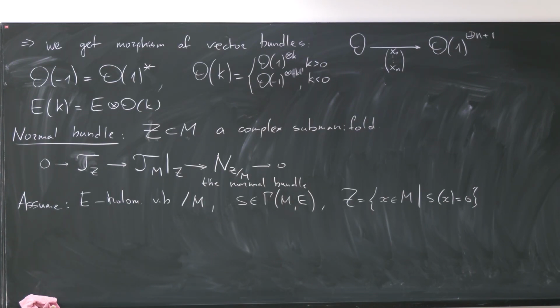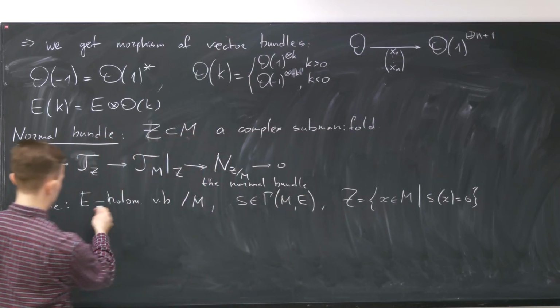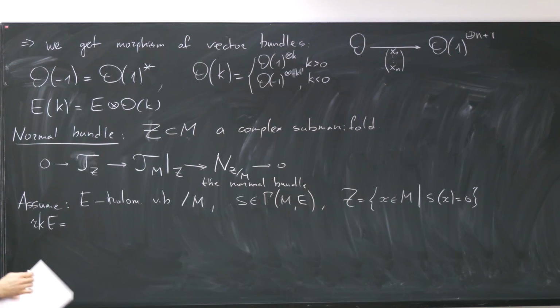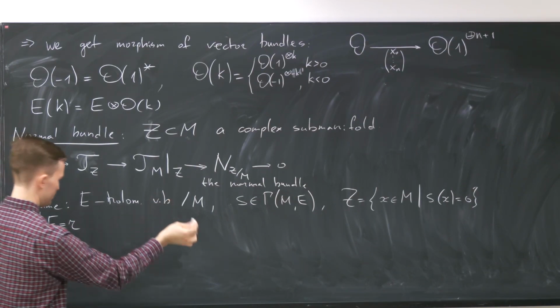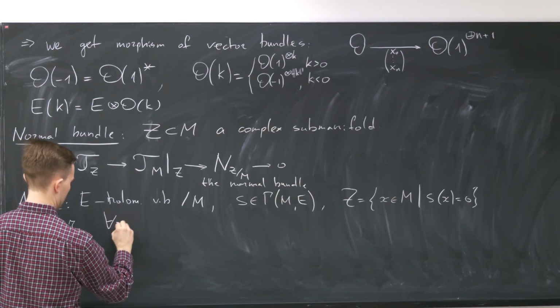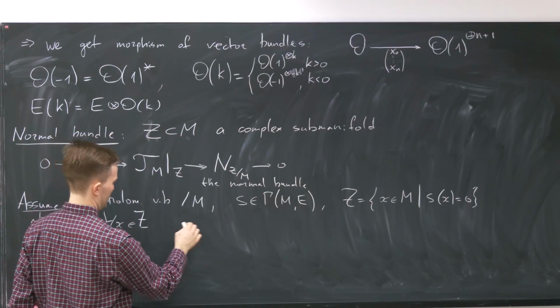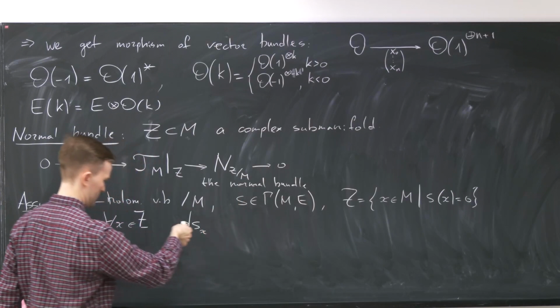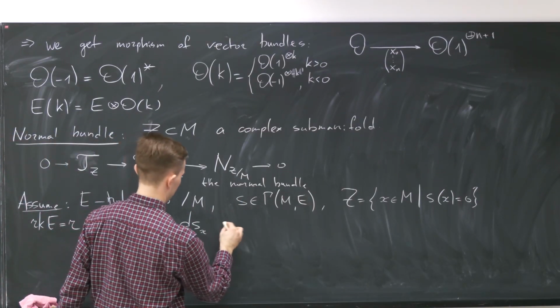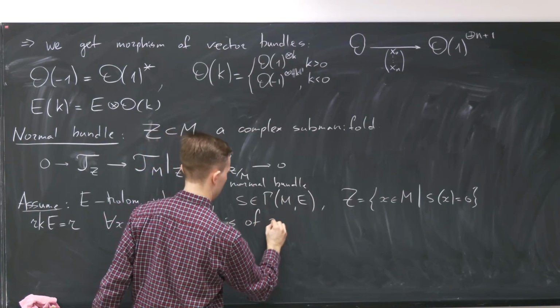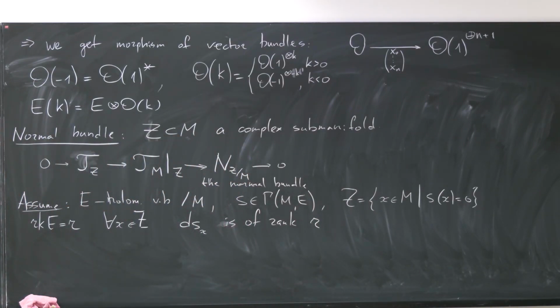Also assume that this section is regular in the following sense: let the rank of E be R. If I look at a point in Z and trivialize my bundle in a neighborhood of this point, then this section is given by several holomorphic functions, and I want the differential of the map given by those functions to be of rank R. This condition in particular implies that Z is smooth, and conversely, you may ask that Z is a smooth submanifold of codimension R, and then this condition will be satisfied.